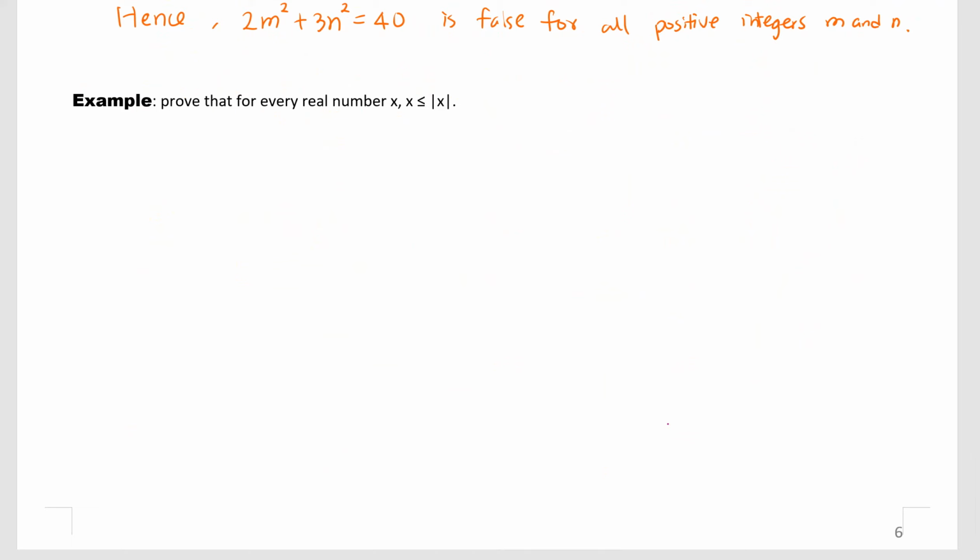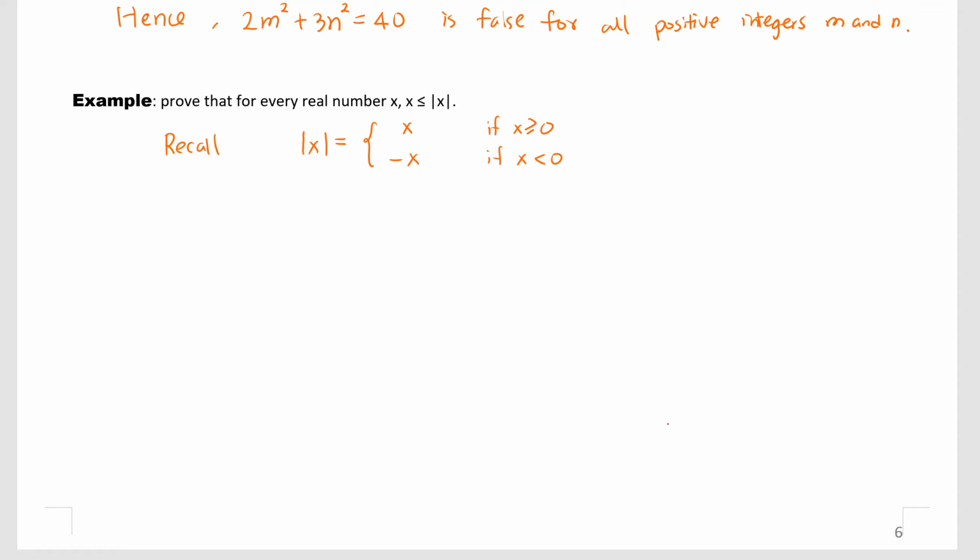Prove that for every number x, x is less than or equal to the absolute value of x. Let's recall what the absolute value of x is. Absolute value of x equals x if x is greater than or equal to 0, and it's minus x if x is less than 0. Why is that?